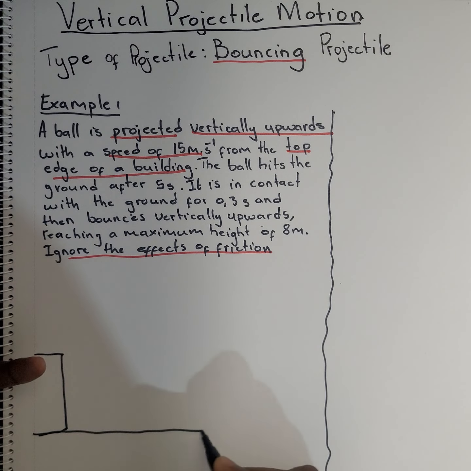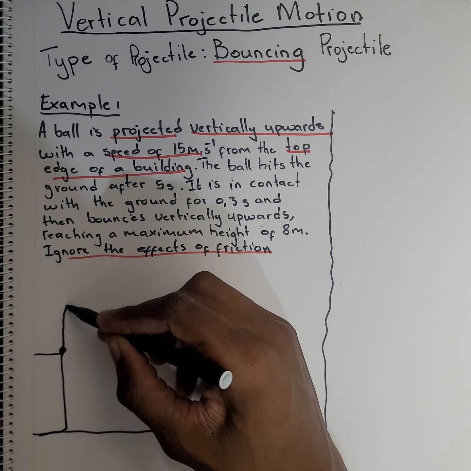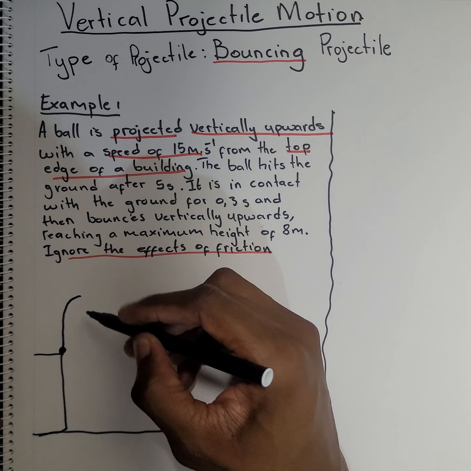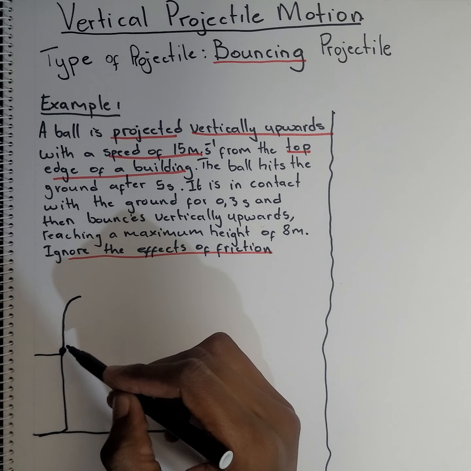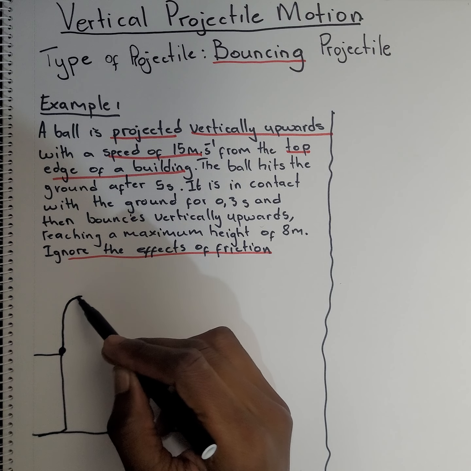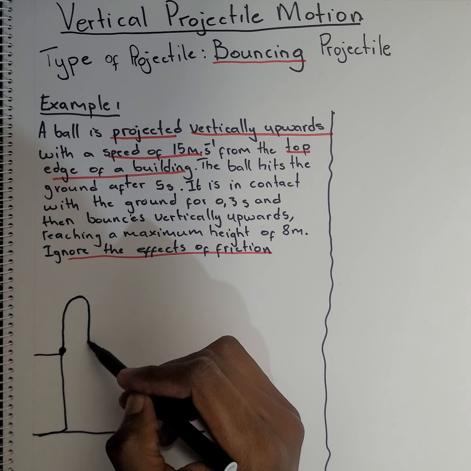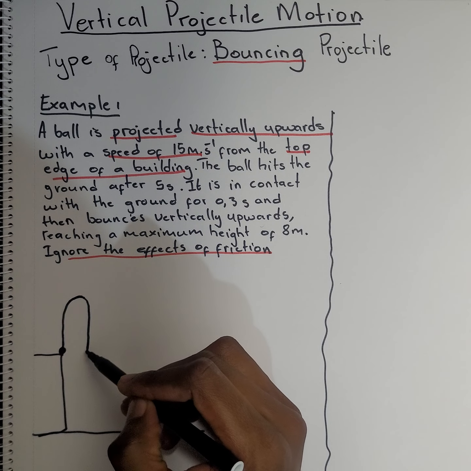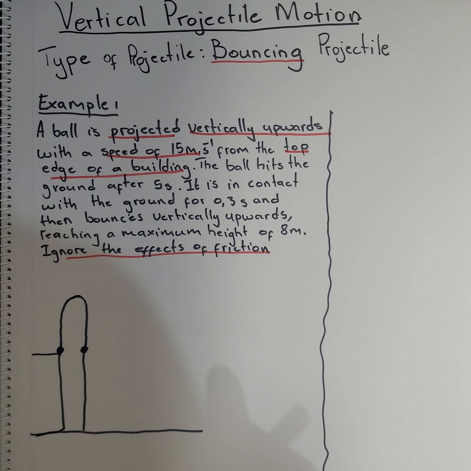The ball was projected vertically upwards from this edge. If it is projected upwards, it will go up until its velocity reaches 0, which we said is the maximum height, and then eventually the ball is going to come back and hit the ground there.